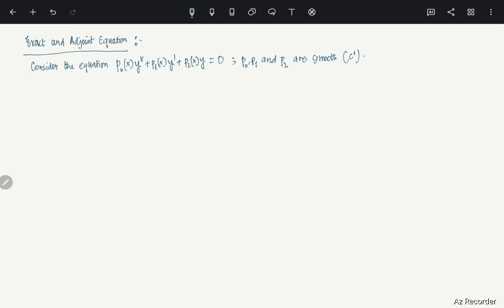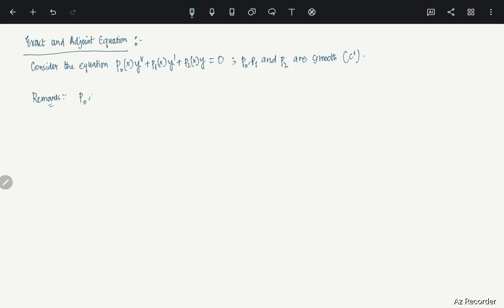Now let me give you an exact idea of what we are trying to do here. We want to solve this problem. Now, why this problem? Let's put it as a small remark. For this problem, let's say P0(x), P1(x), P2(x) are all constant functions.